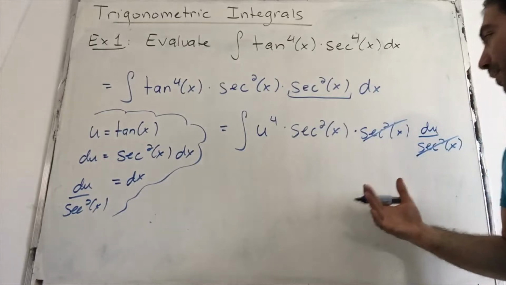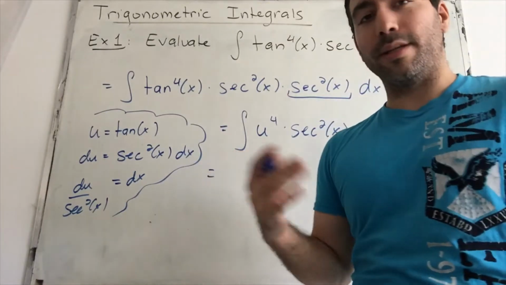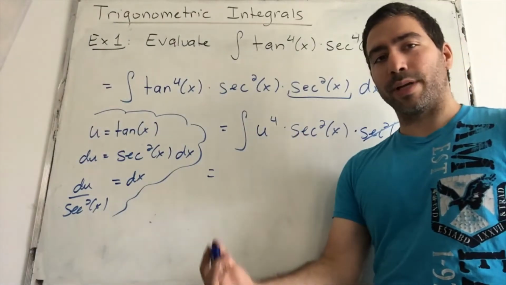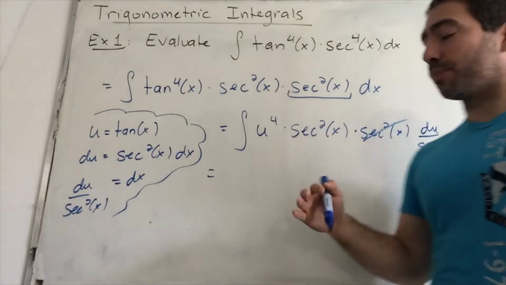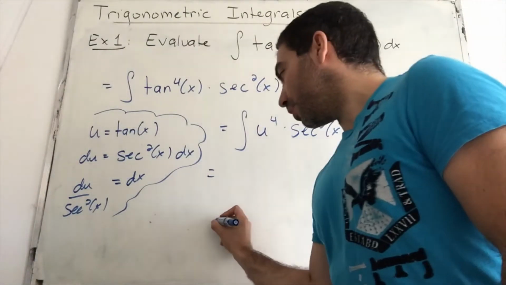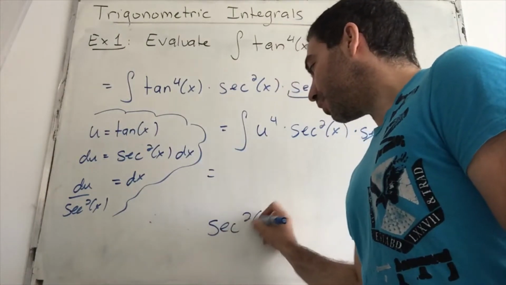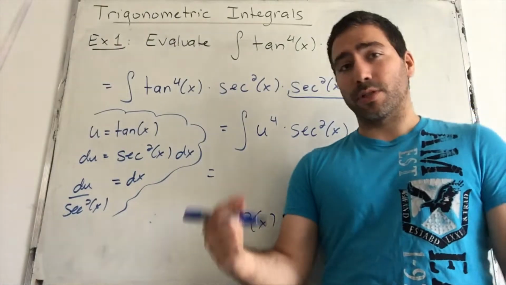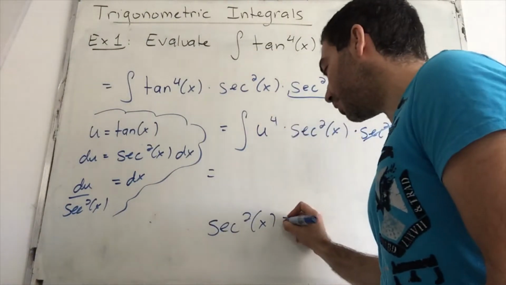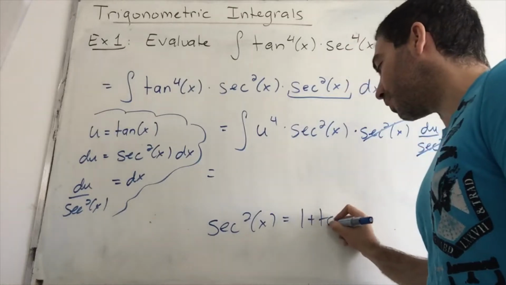Great. But the issue is that we're not expressed solely in terms of u. Notice that we have an x in here. How do we get rid of it? This is one of the properties that I provided in the first video. We know that sine squared plus cos squared equals 1. For secant and tan, we know that secant squared is equal to 1 plus tan squared.